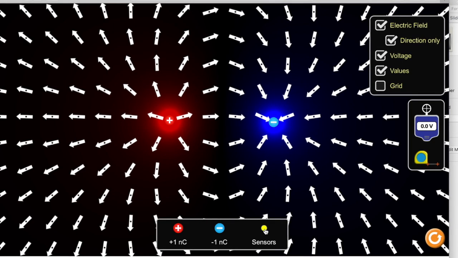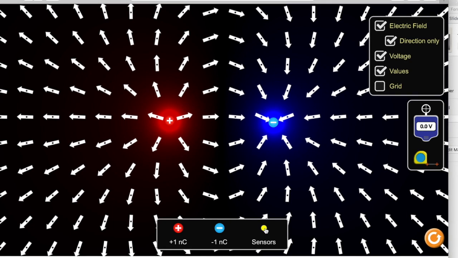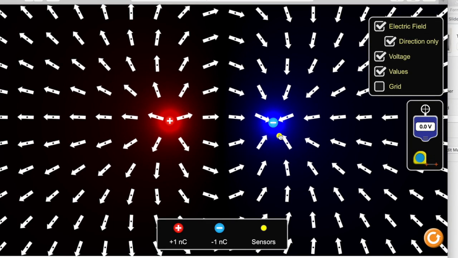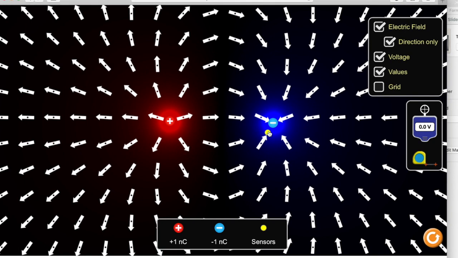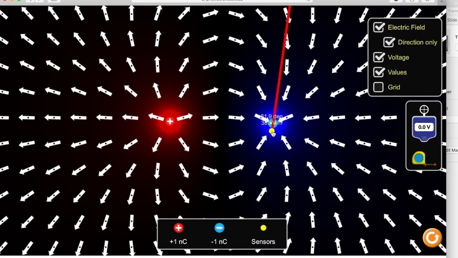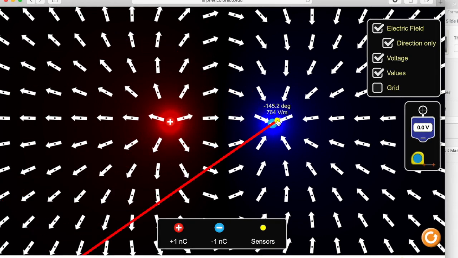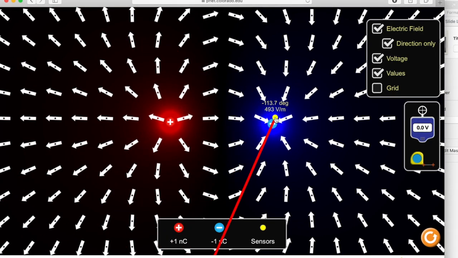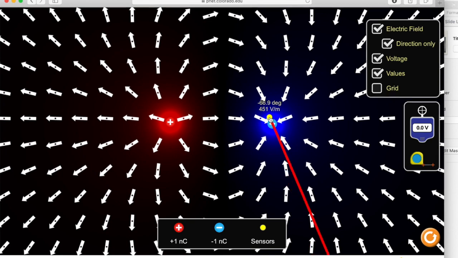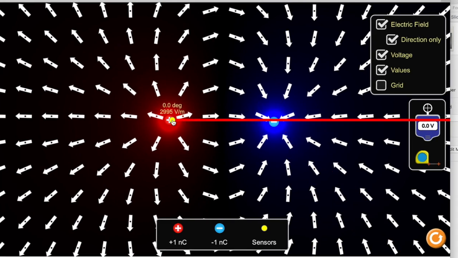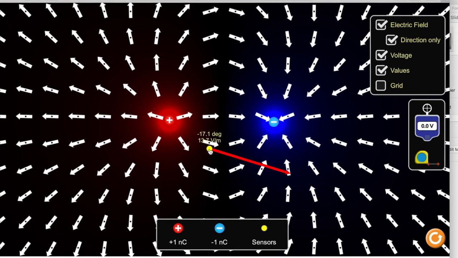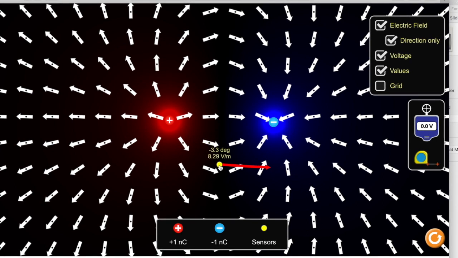Now pick a sensor to get the value of voltage. This is an example. It gives the value and degree, direction, and voltage changes for the negative charge. Now we see the same changes at the positive charge. You can also check the variation between these two charges.